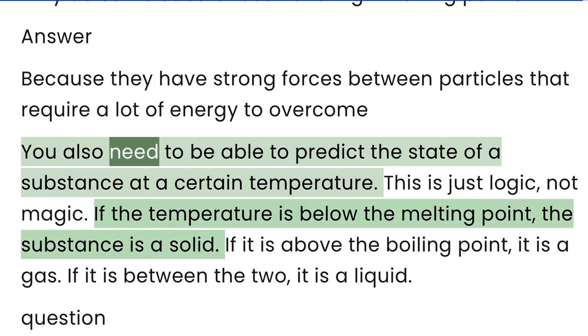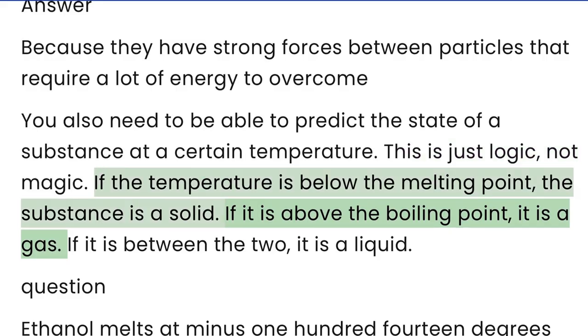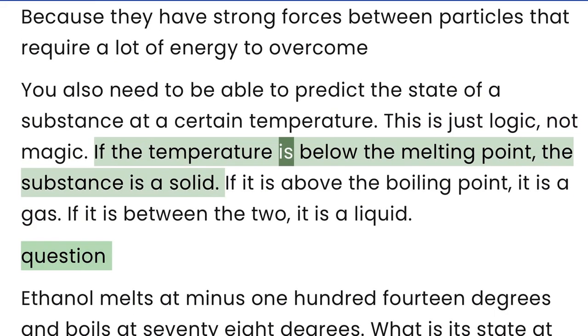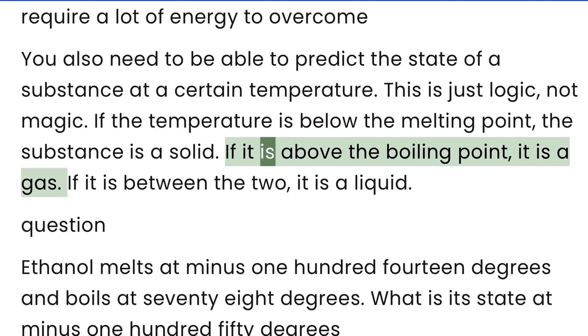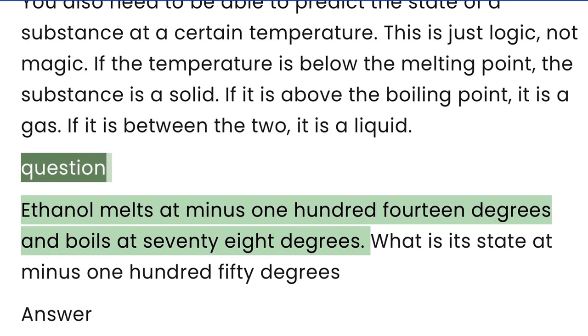You also need to be able to predict the state of a substance at a certain temperature. This is just logic, not magic. If the temperature is below the melting point, the substance is a solid. If it is above the boiling point, it is a gas. If it is between the two, it is a liquid. Question.